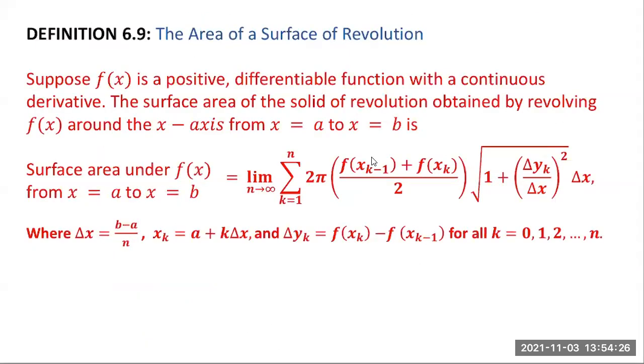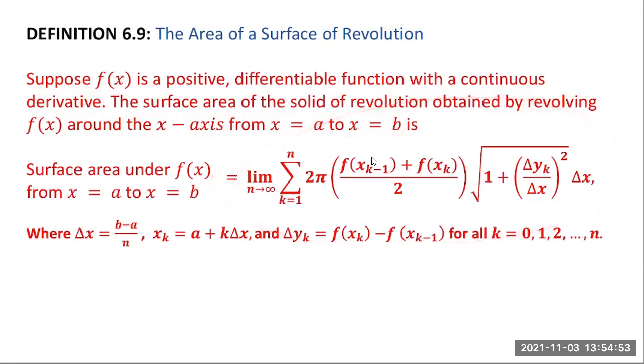Next, I want to go over this definition 6.9. Suppose f of x is a positive differentiable function with a continuous derivative. The surface area of the solid of revolution obtained by revolving f of x around the x-axis from x equal to a to x equal to b is given by this formula.